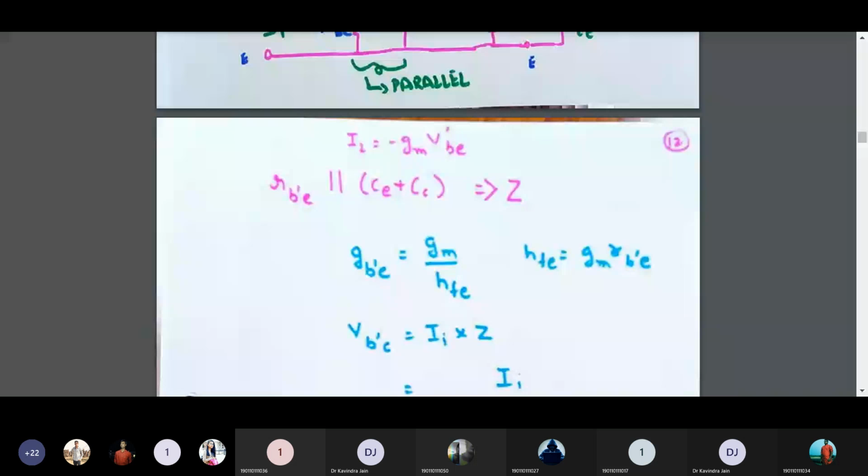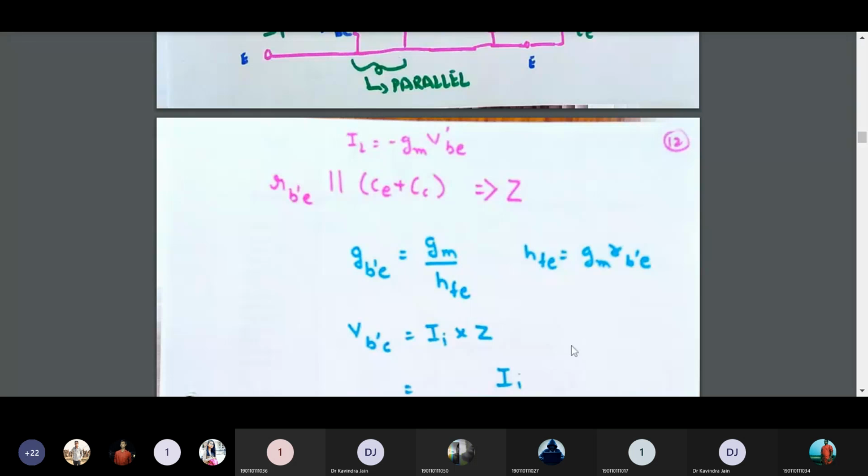It is 1 upon j omega C. So we will put this value over here. We will solve these two things and find out what VB dash E is. Please let me know the final answer of this formula, VB dash E is equal to, after putting the value of Z.